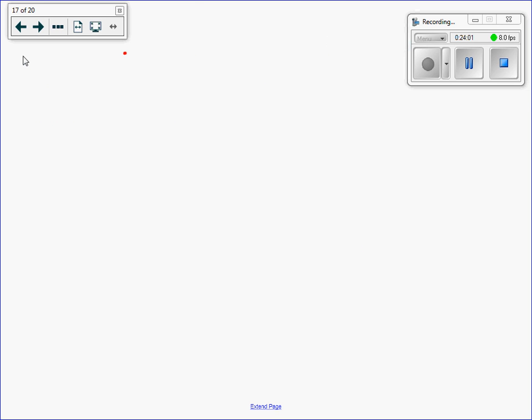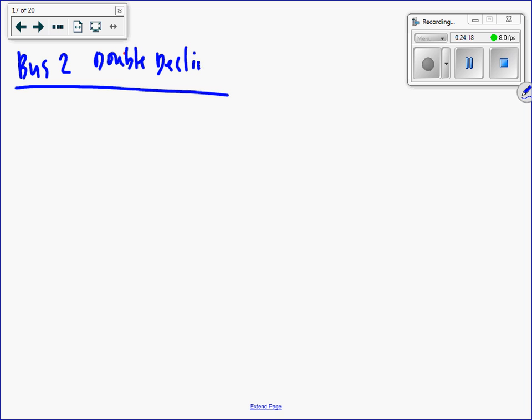Bus 2. What depreciation method are we using on bus 2 according to what you see in the book? Double declining. Okay. Double declining does not care about the depreciable cost. Doesn't matter.